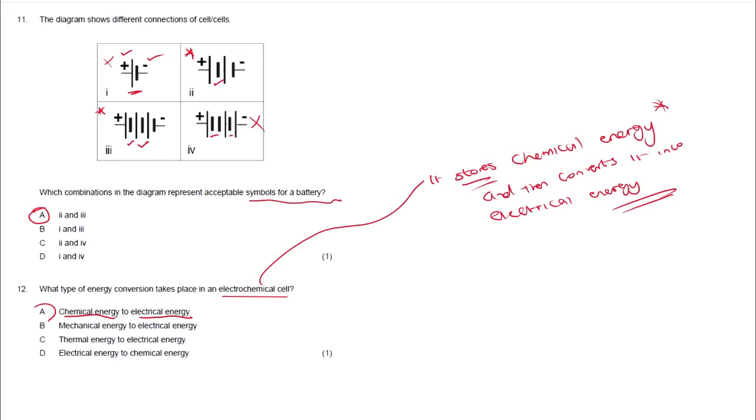And this will be correct because it stores chemical energy, and then from chemical energy, it converts it into electrical energy. So that's the definition of an electrochemical cell. The name even says that itself. It says electro, so it's electric and chemical, right?